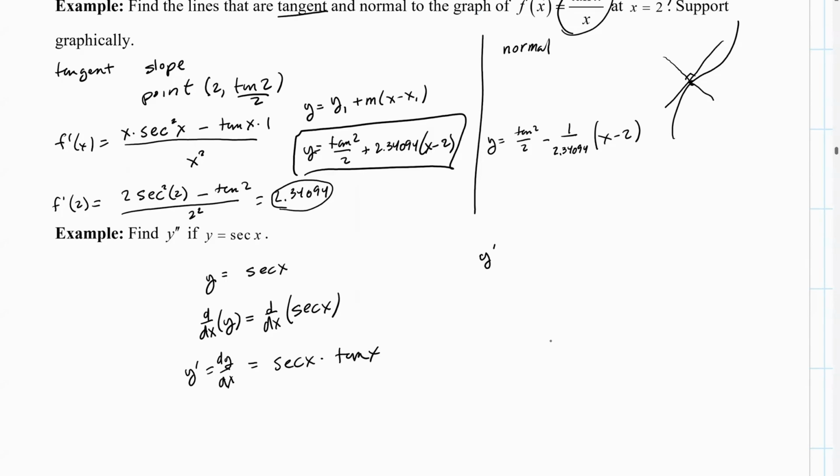Now I have y prime is equal to secant x times tangent x. Why did I leave that space? Because I'm going to take the derivative with respect to x of both sides of this. I get y double prime. This looks like a product rule. What is that mantra for the product rule?